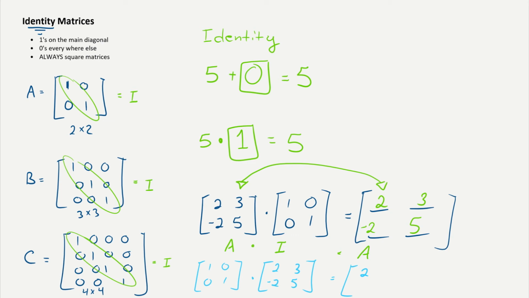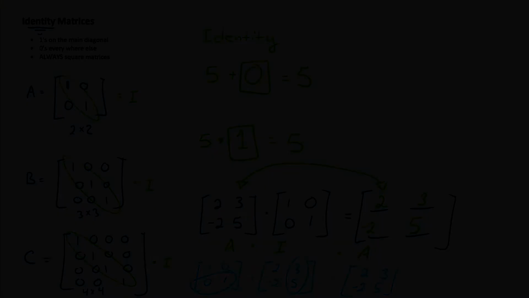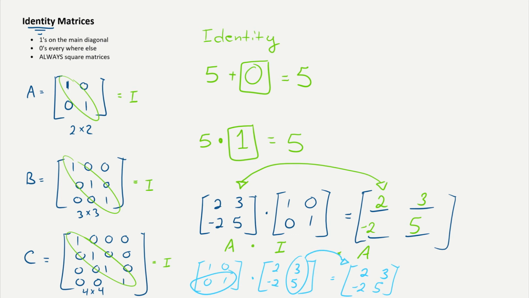So for the first one, I get 2. I will take the second row and first column, that's 0 times 2 and 1 times negative 2. Now I will take first row, second column, so 1 times 3 and 0 times 5. And lastly, we will take second row, second column, 0 times 3 and 1 times 5. Hey, it's still the same.